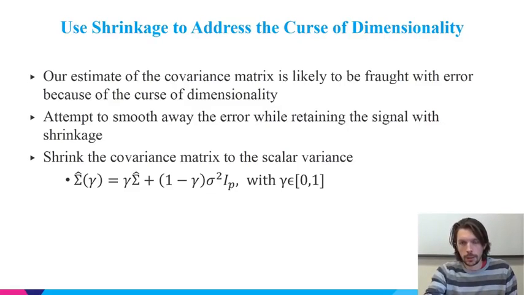The balance between the two is controlled with a parameter which I've called here gamma. A value of gamma equal to 1 means that the mixture is completely weighted towards our original covariance matrix, and a value of 0 means that we've completely sphered the data and replaced it with a diagonal matrix. Intermediate values mean that there has been some intermediate level of smoothing.